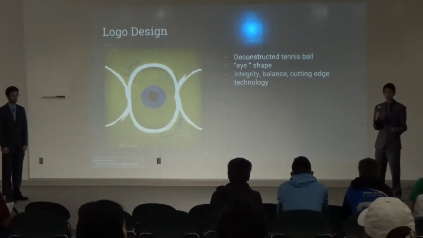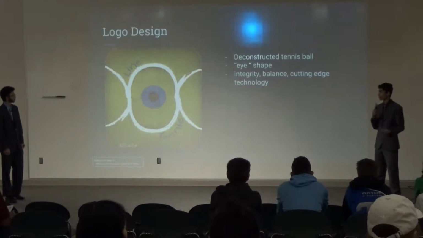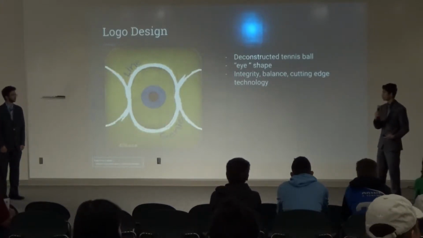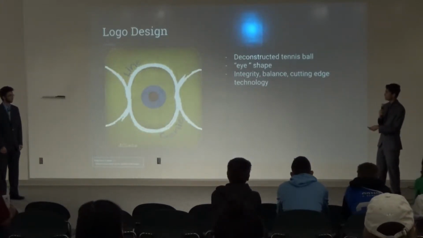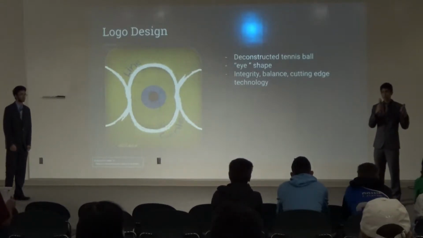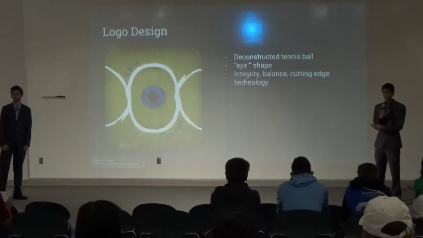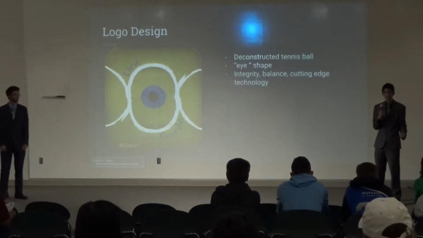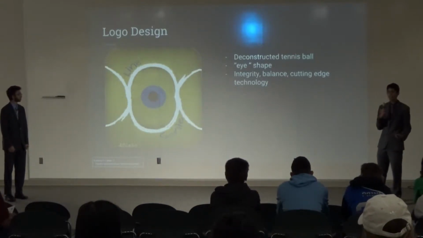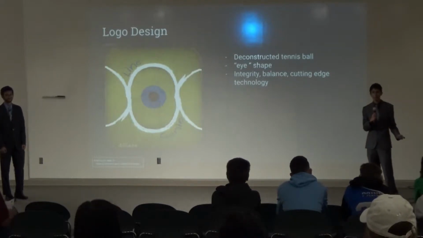And the blue represents cutting edge technology and trust, so we wanted to convey that to our consumers. Additionally, you can see that the shape it makes is an eye, to track the ball and where it's going. And finally, we have Line Genie around the edges, in a childish font, like how a third grader would write it, and we want that to emphasize ease of use for our application.